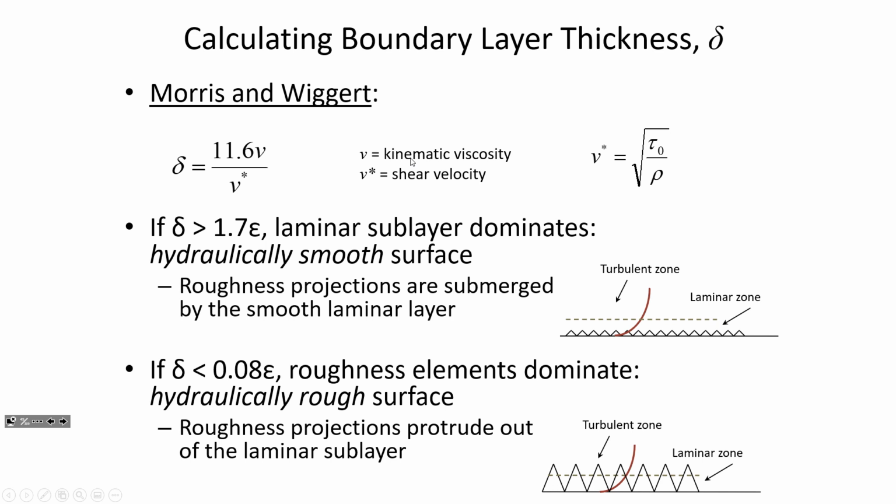And remember, in the turbulent zone, there's all this swirling and eddies and chaos. So when you have that turbulence encountering these roughness elements, the friction effects are going to be different. Okay, so does that make sense? The idea that you'd have a different effect if the roughness was cushioned versus projecting into the turbulent zone?